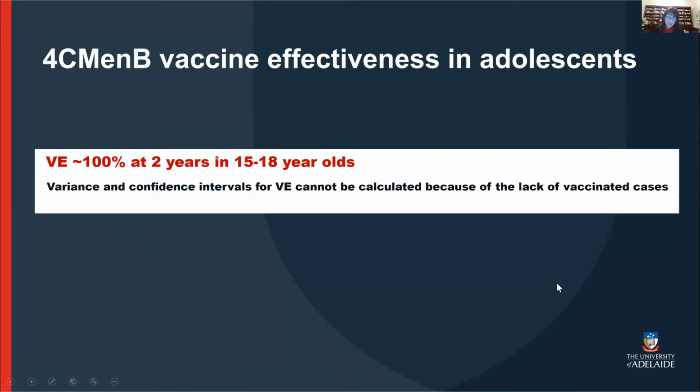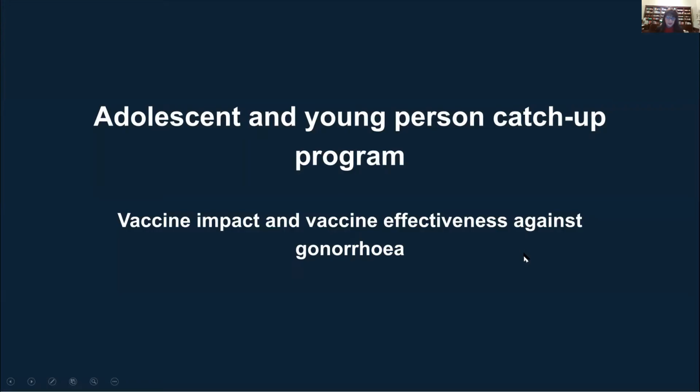The vaccine effectiveness in adolescents, we didn't have any cases in any vaccinated young people. And so vaccine effectiveness is around 100%, but we can't measure variance or confidence intervals because of the lack of vaccinated cases at 2 years.